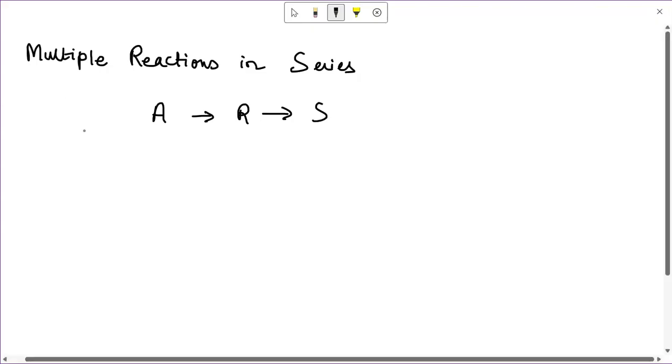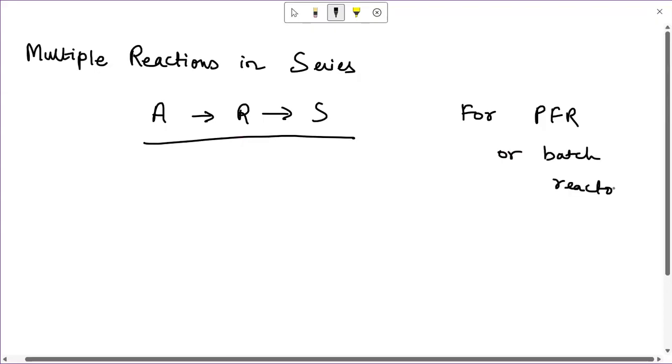So we are first considering this reaction configuration for plug flow reactor or batch reactor. Okay, and let me write the rate constant: K1 for the first reaction and K2 for the next part after the formation of the intermediate.